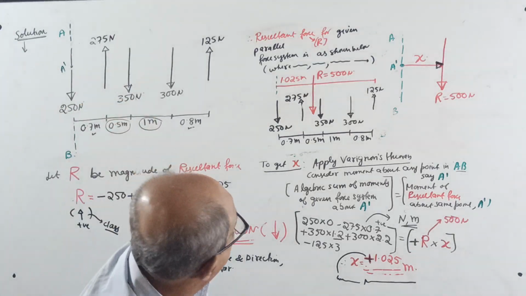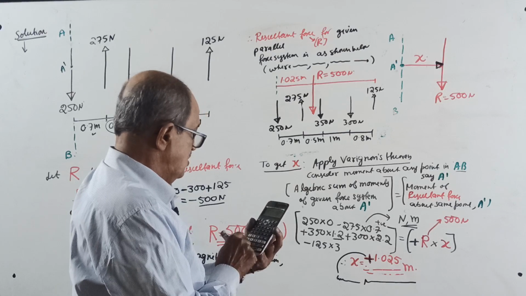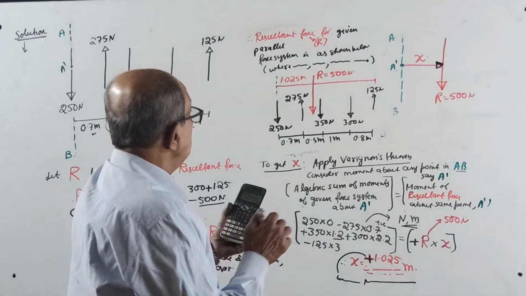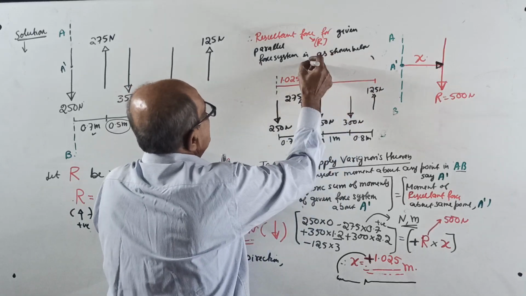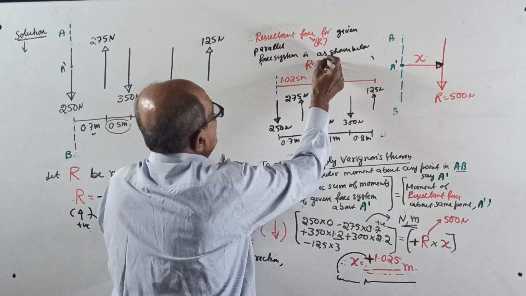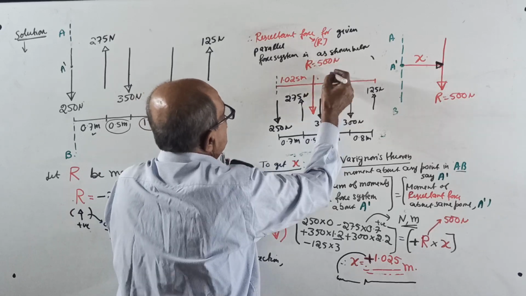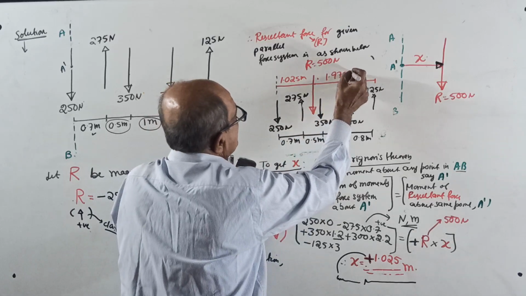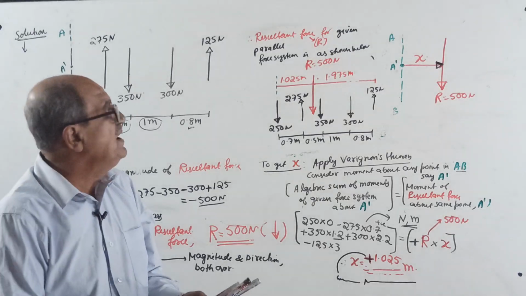You should make a note. 3 minus 1.025 is 1.975. Resultant R is 500 Newton, 1.975 meter.